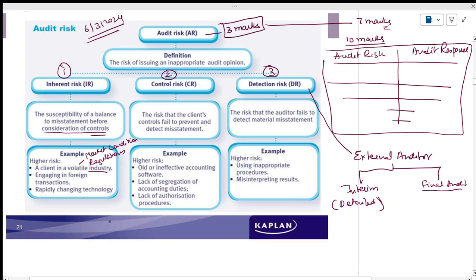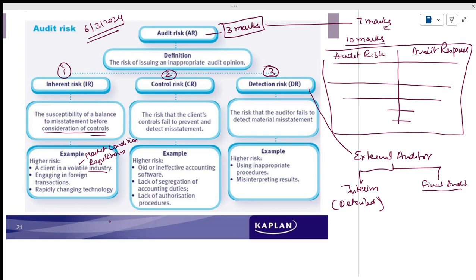Inherent risk is high because of the changes happening, and you have to make changes from your side also on an immediate basis.